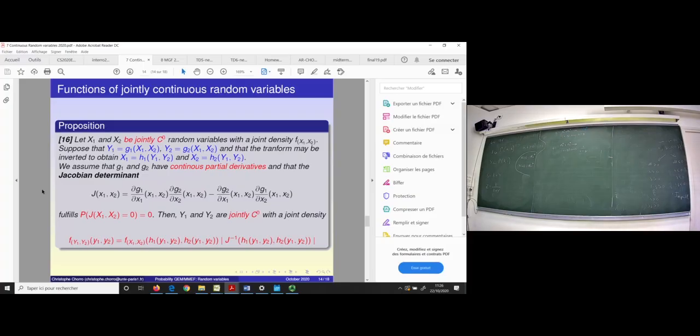I agree with this. My set of possible values here is this one, because you have X plus Y that is strictly greater than X. So you are sure to obtain a number that is strictly less than 1 and strictly greater than 0 because they are both strictly greater than 0. Okay, and you obtain all the numbers between 0 and 1 doing this.